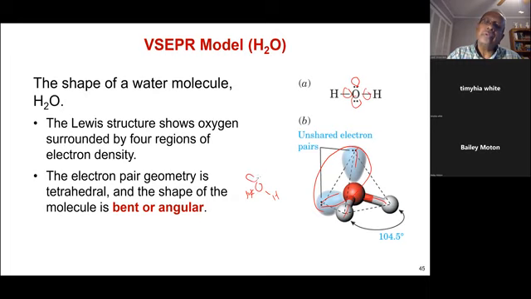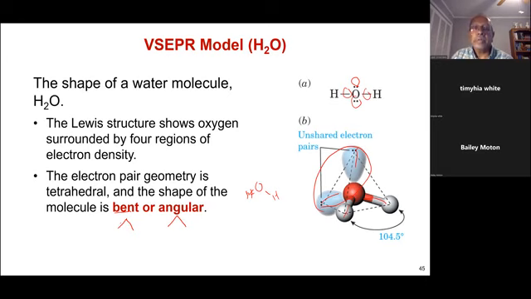There are two lone pairs. We don't see them, so we don't write them down. So the shape is bent. Sometimes we call it angular. Water molecule shape is angular. Ammonia molecule is pyramidal or trigonal pyramid. Methane molecule is tetrahedral. That's how you predict the shape of molecules.